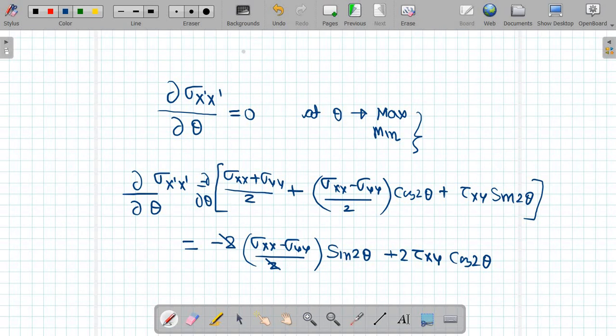So now you can write this, and this must be equal to 0 for getting the maximum or minimum value.